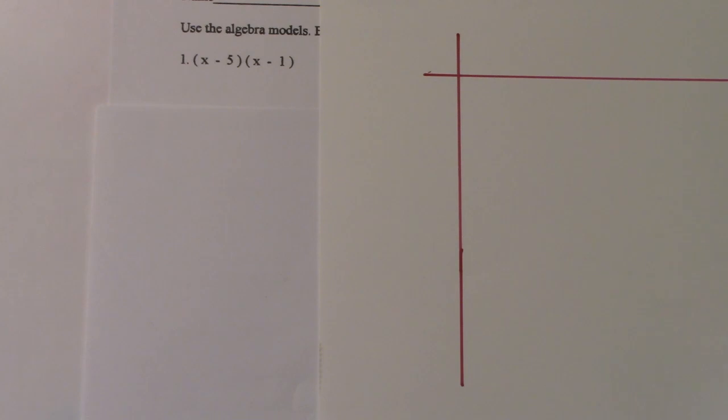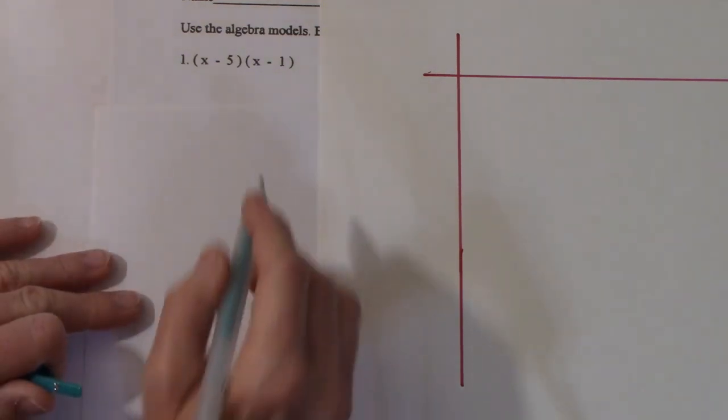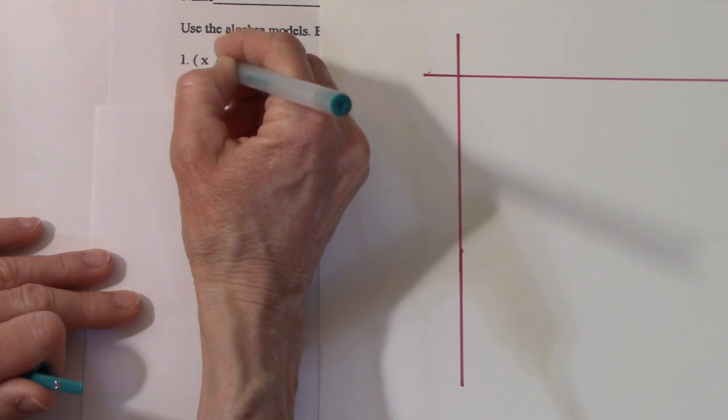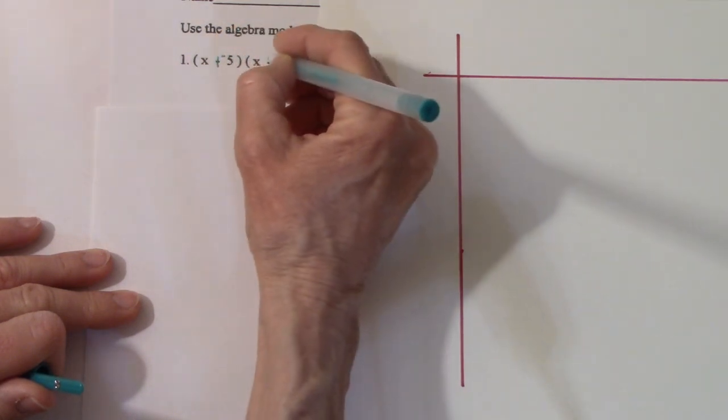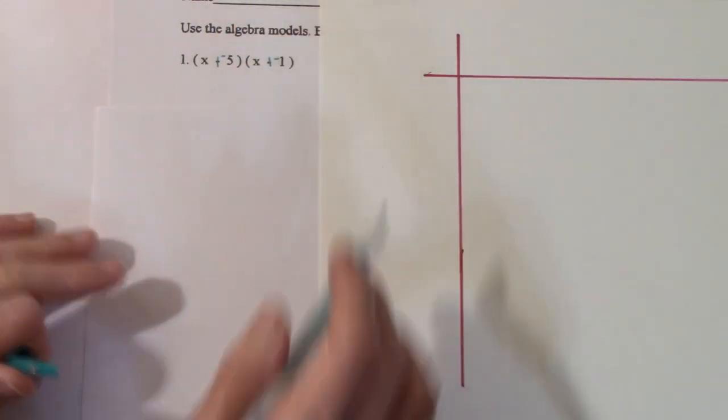Okay, this first question is x minus 5 times the quantity x minus 1. So before we build it, we make this x plus negative 5 and x plus negative 1.